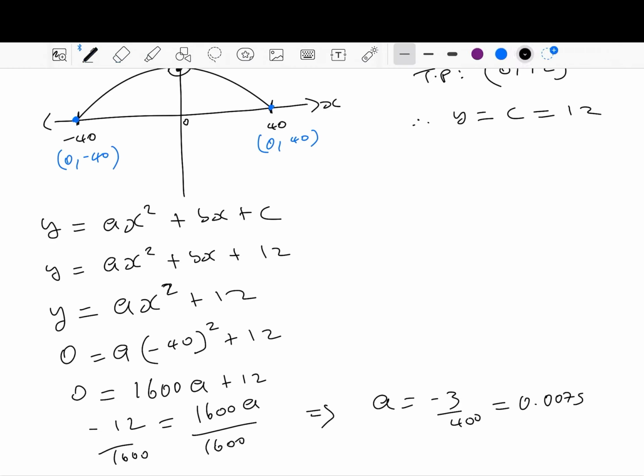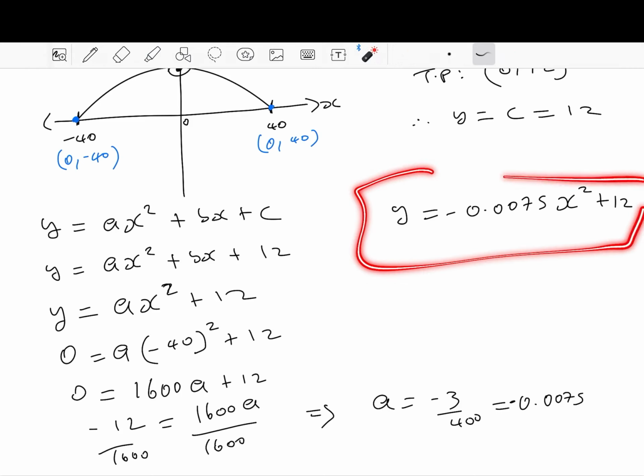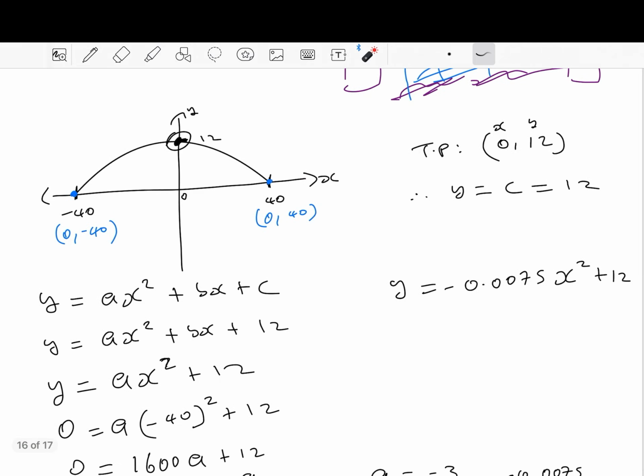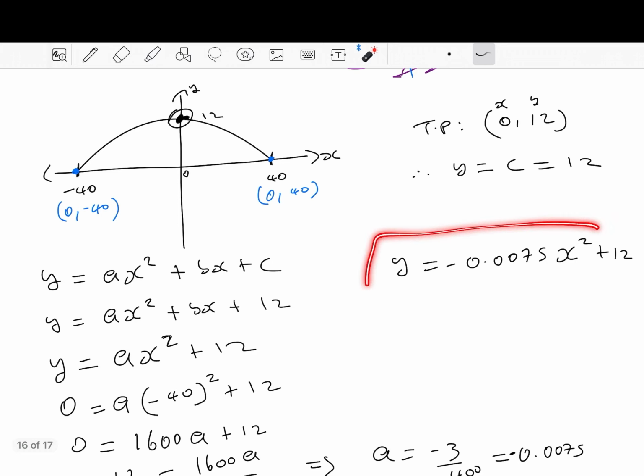Now our equation looks like this. The equation of this new bridge that we're designing is y is equal to negative 0.0075 x squared plus 12. This is the equation of our new bridge. So now you can take this equation and give it to the designers and tell them, for us to design this bridge within this river, which is 80 meters wide, and you want a bridge that is 12 meters tall and has a parabolic shape, use this parabolic equation to determine your bridge.